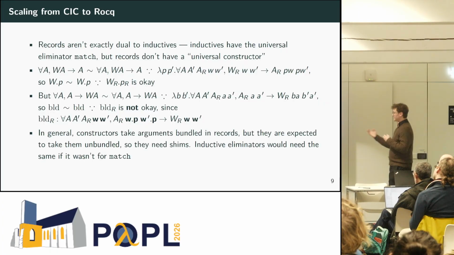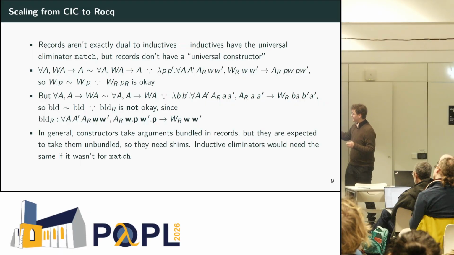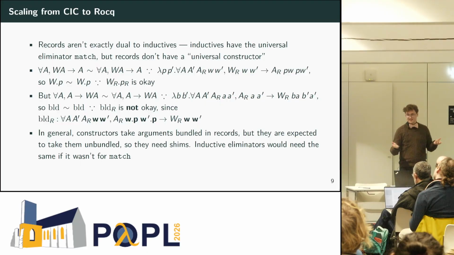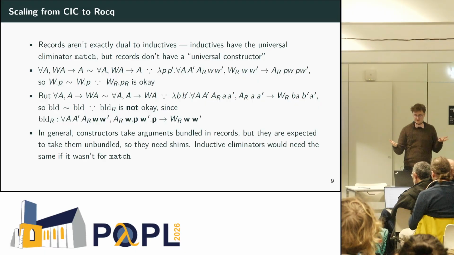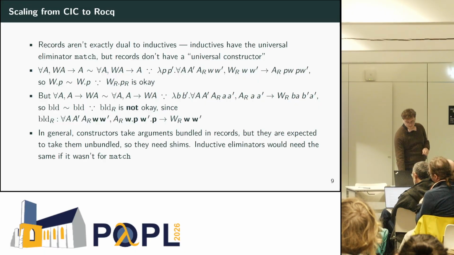So we need to generate some shims to insert here instead of the actual constructor. We need to just wrap the constructor and rearrange the arguments a little bit. The same thing would need to be done for inductives if the primitives were the inductive eliminators.